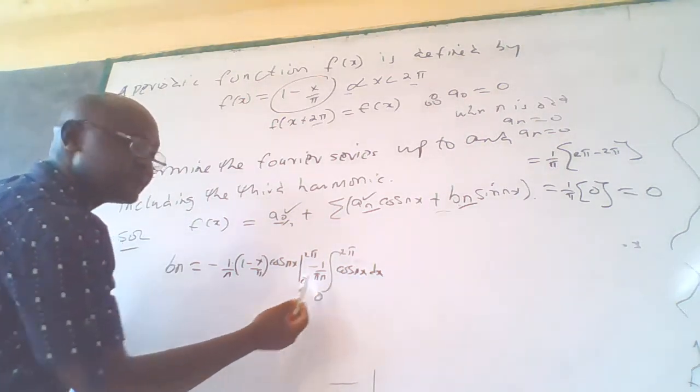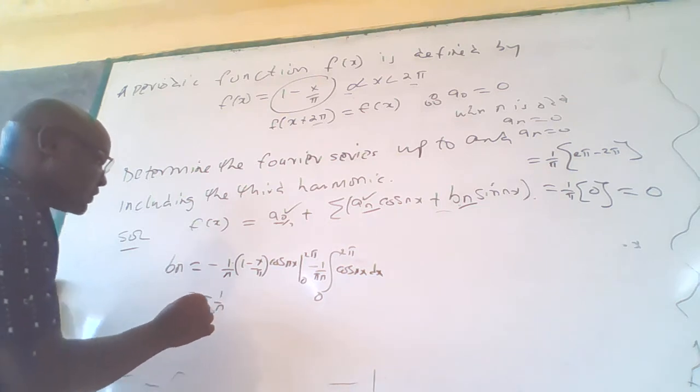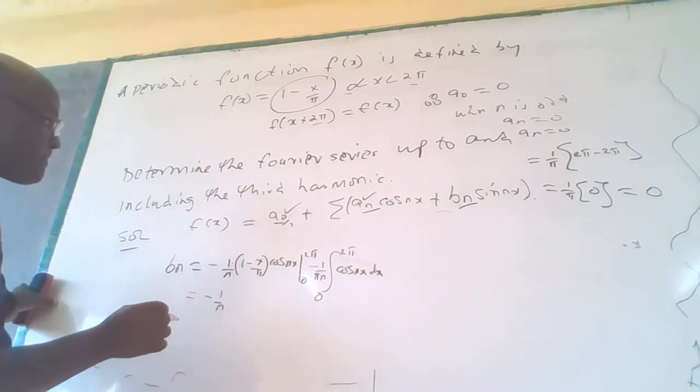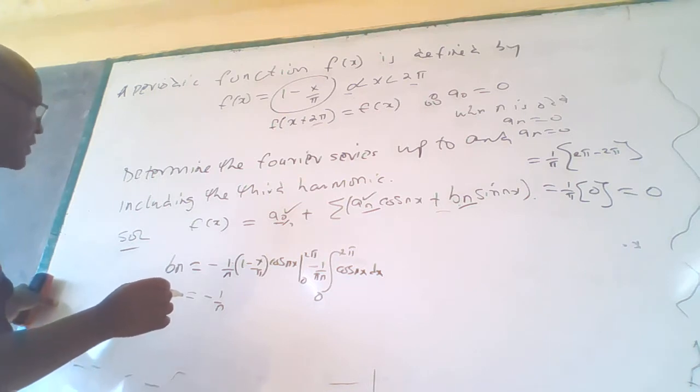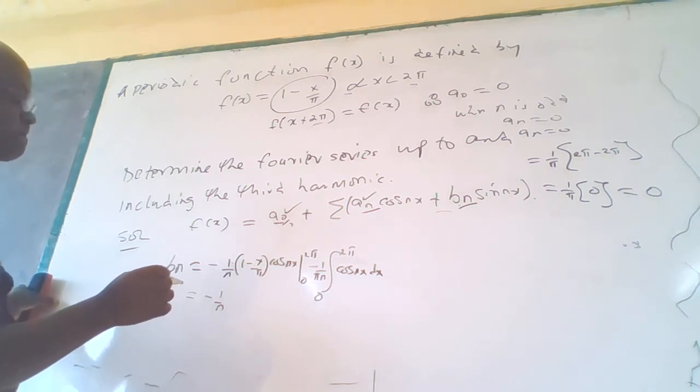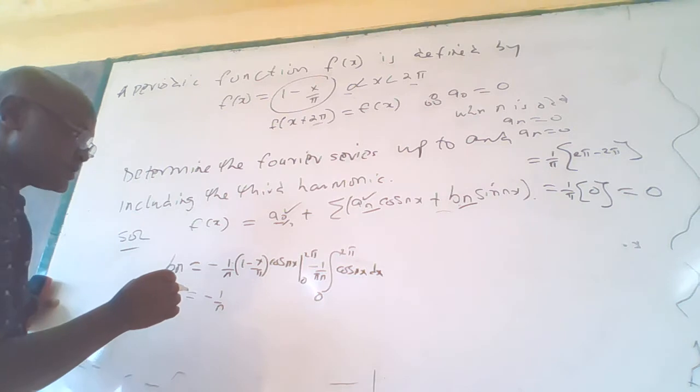Now we can integrate this, so this equals minus 1 over n, and we need to remember the pi that was outside.